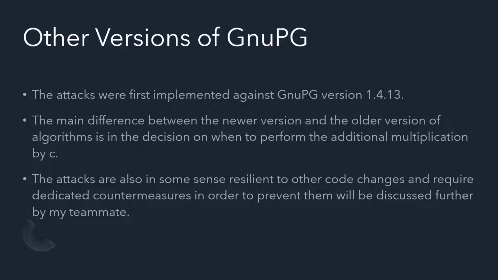The main difference between the newer versions and the older version of the algorithm is in the decision on when to perform the additional multiplication by the ciphertext. The attacks are also in some sense resilient to other code changes and require dedicated countermeasures in order to prevent them, which will be discussed by my teammate.